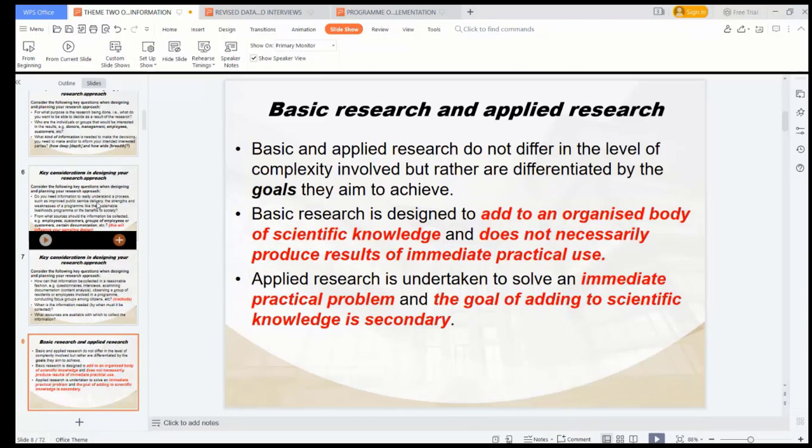But if one was to go and investigate the causes and the sources of cholera at Hammanskraal, that does not solve it, because it will only inform the researcher where the source is, where the cause of the problem is. But the earlier one, which is applied: how do we address it? How can we stop it? How do we ensure that cholera does not continue? Then it is applied in that it is going to solve an existing cholera problem.